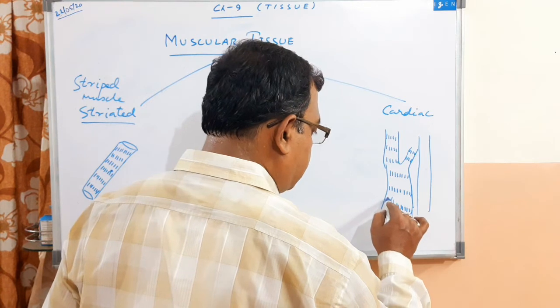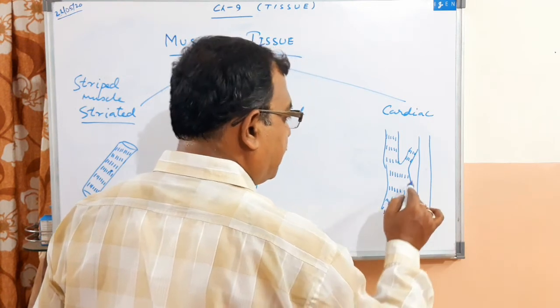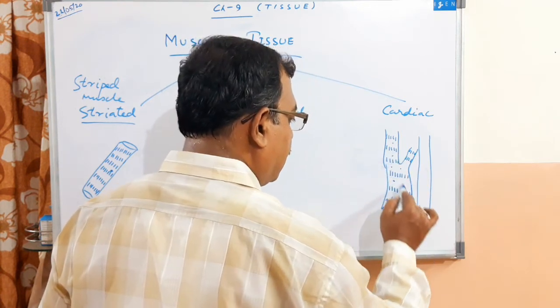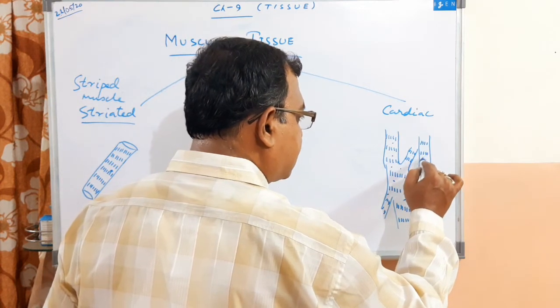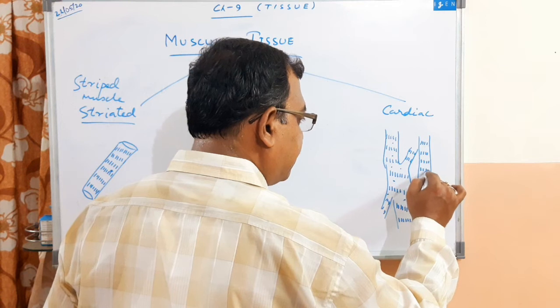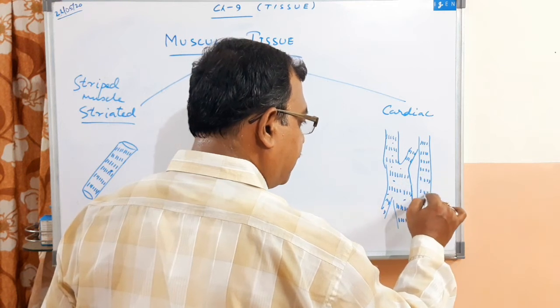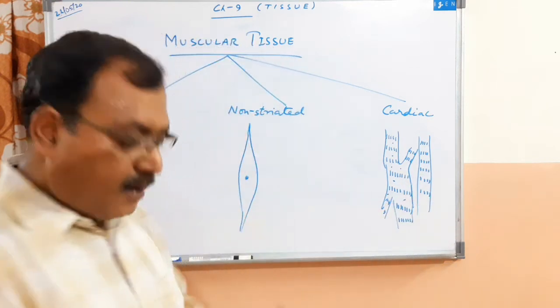Their appearance is like striped muscle, but their function is like unstriped muscle. Why am I telling you? Now, what happens?